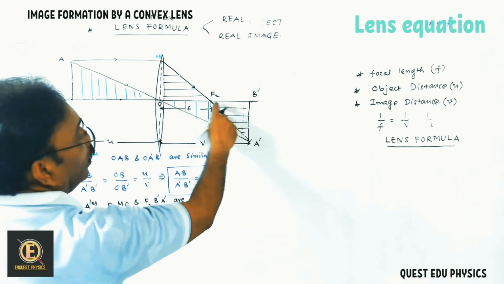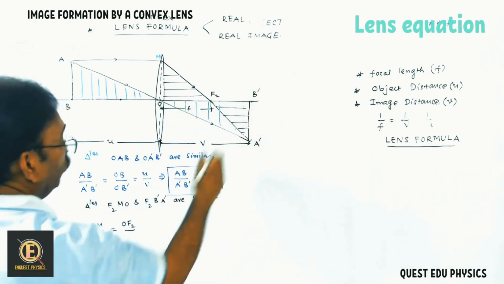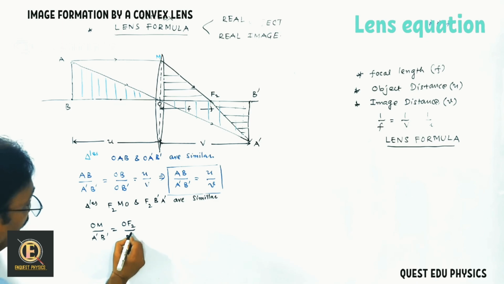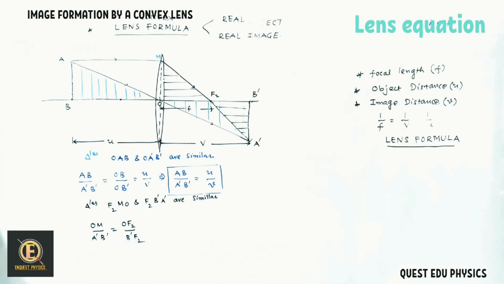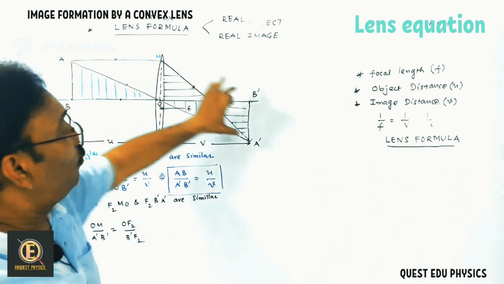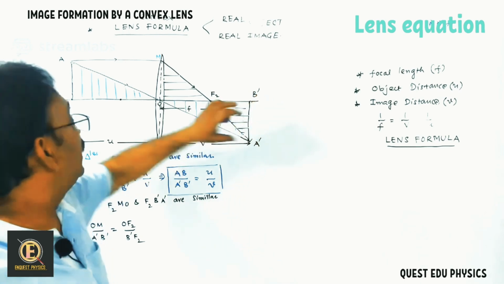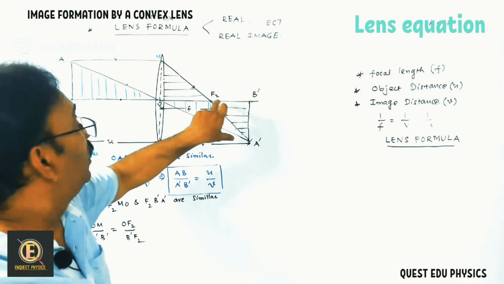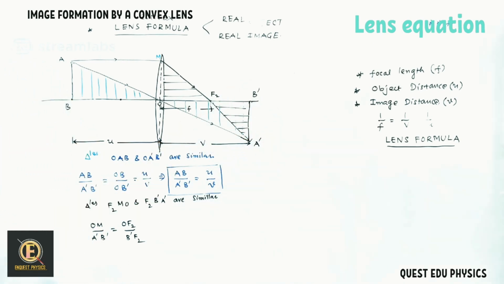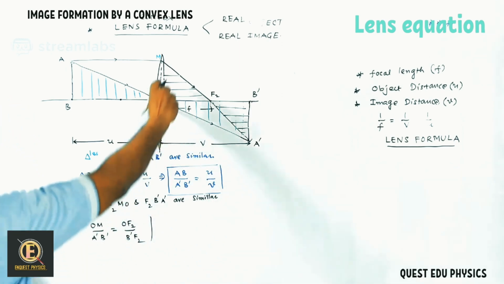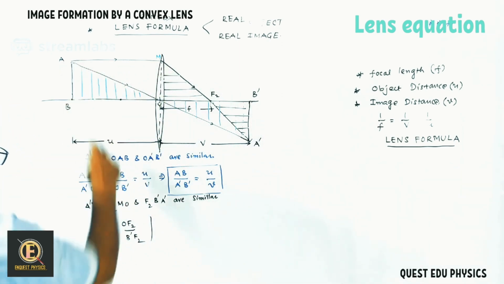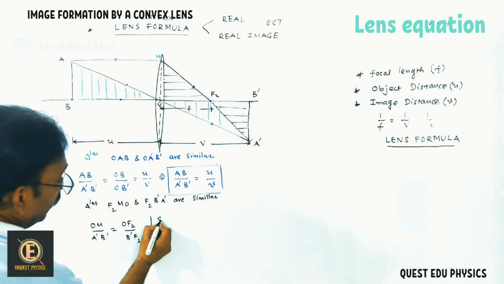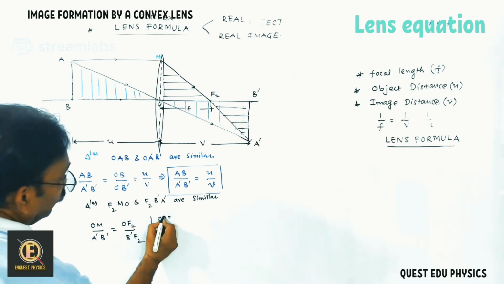But here, if you watch carefully, OM is equal to AB. I am replacing OM with AB, and we get AB by A dash B dash is equal to OF2 by B dash F2.